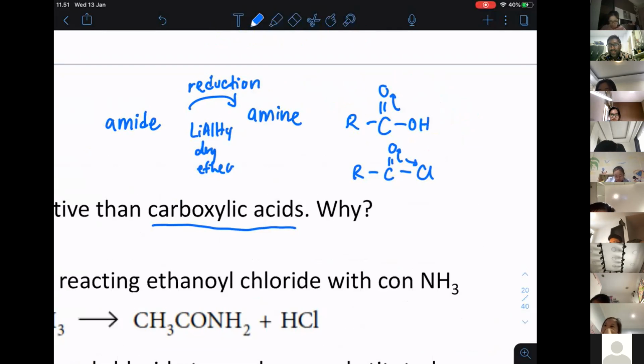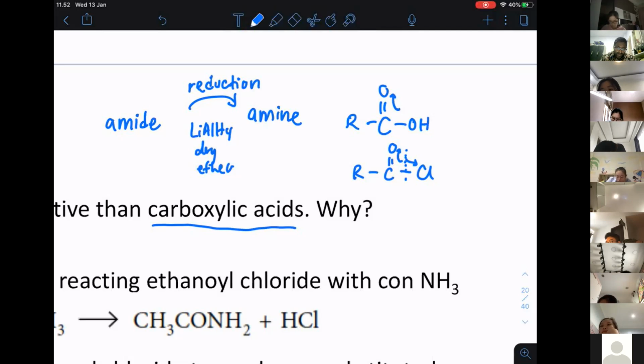And this is going to make the bond between the C and the Cl more available for breaking. So this ability of the Cl to withdraw the electron will make the bond between carbon and Cl readily broken.